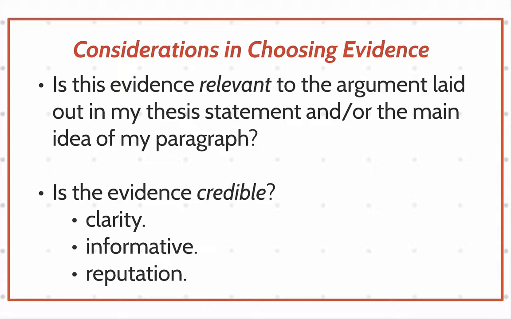And so things like scholarly research that's been peer-reviewed, newspaper articles that cite statistics and facts and evidence, and they're reputable, they're viewed as pretty objective, unbiased journalistic outlets. Those are good things to be citing in terms of evidence and credibility, but just be mindful of that.